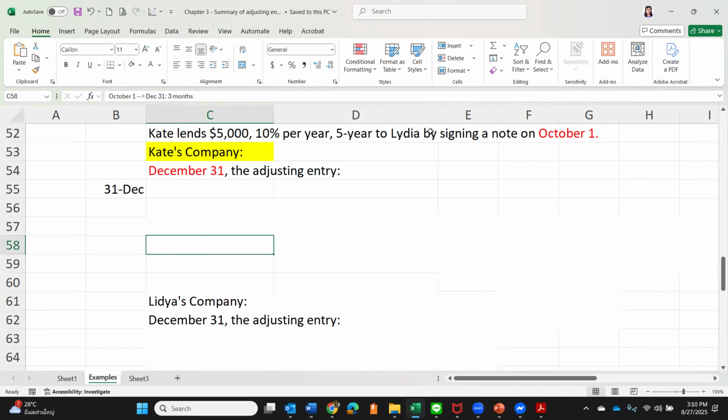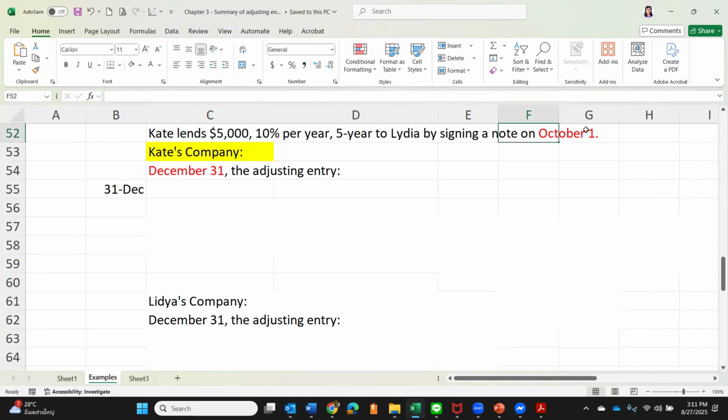Lydia gave Kate a note, and this note said that Lydia borrowed $5,000 from Kate. The interest rate is 10% per year, and Lydia promised to pay Kate back in 5 years.